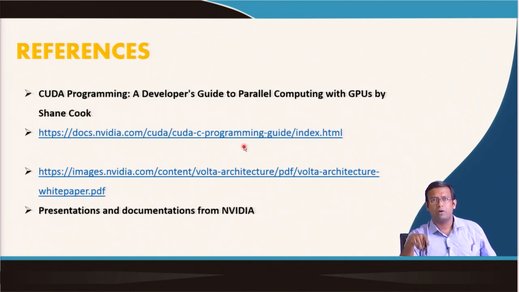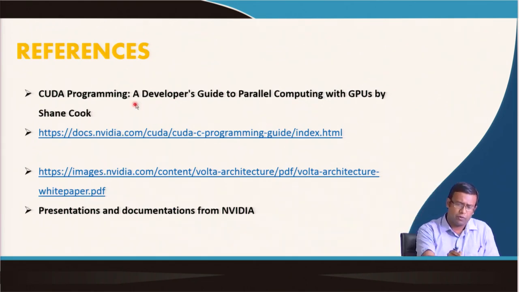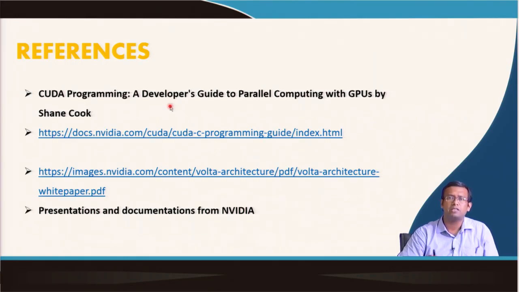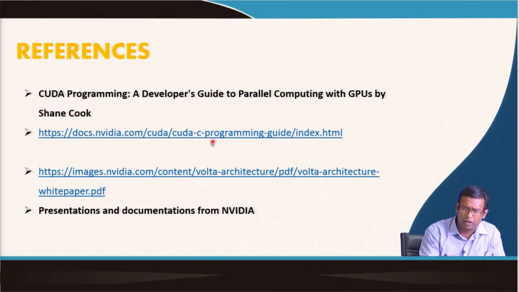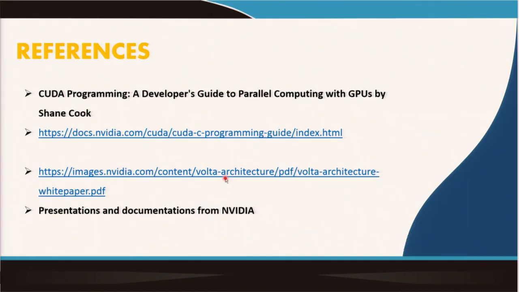Well, so one of our references is Shane Cook's Developer's Guide to Parallel Computing with GPU. NVIDIA has a number of releases, documents and presentations on GPU and CUDA. Because we are looking into CUDA programming, which is proprietary to NVIDIA, I am heavily relying on materials provided by NVIDIA, and two important reference manuals are the CUDA programming guide from NVIDIA and the white paper on Volta or V100 architecture.